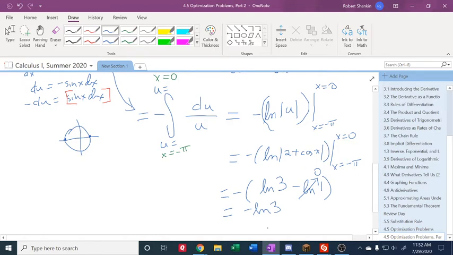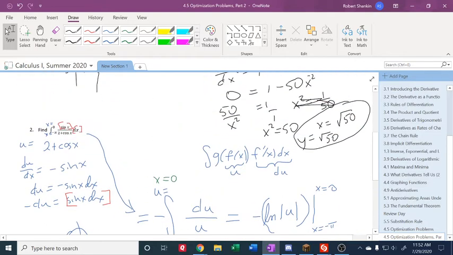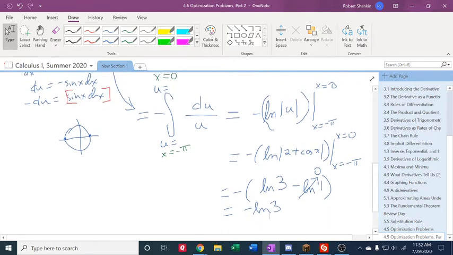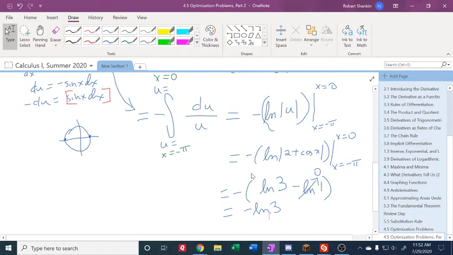Okay. Now, that's my answer if I did it staying with x's: negative natural log 3. Let me show you how it would have gone quicker if I'd changed the limits to u's.